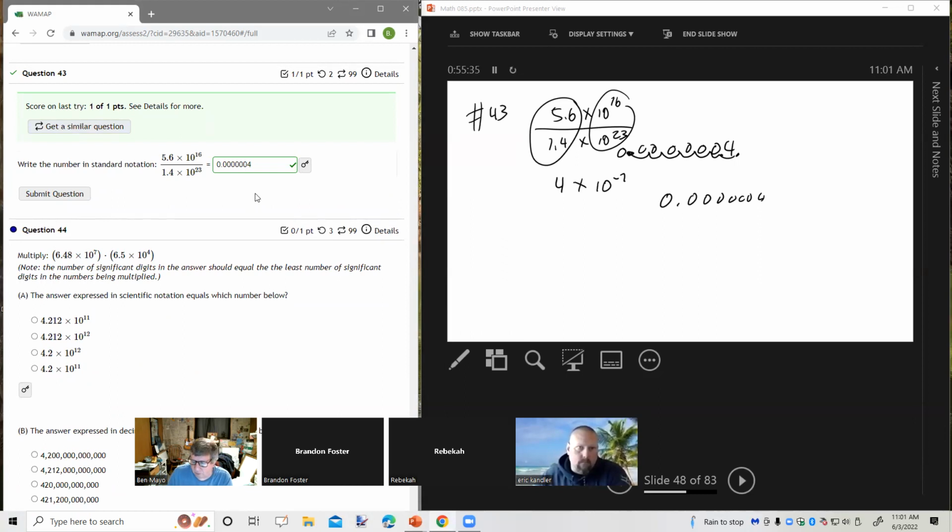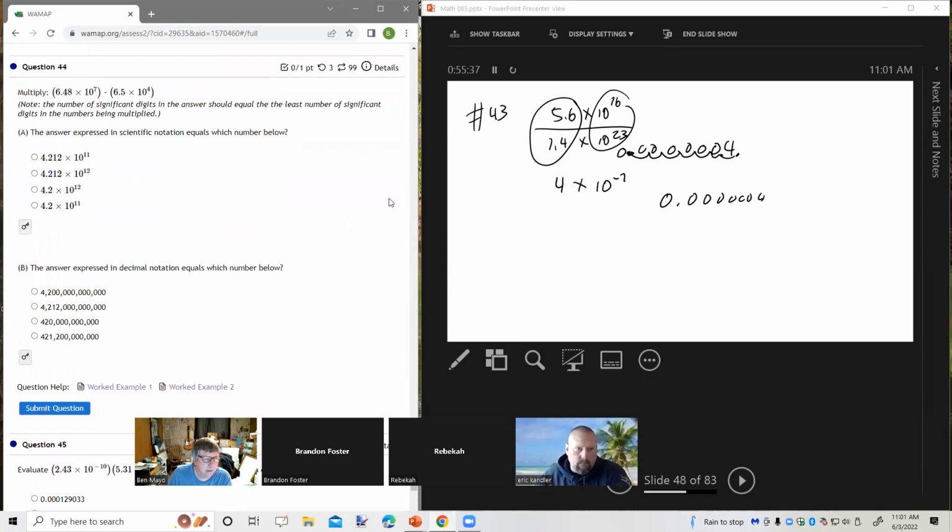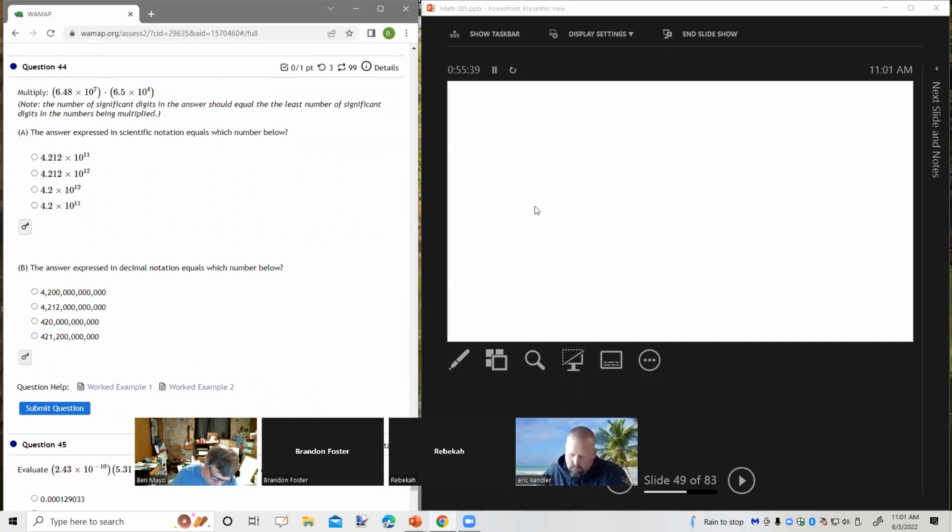Number 44 coming up. Multiply 6.48 times 10 to the 7th times 6.5 times 10 to the 4th. 6.48 times 6.5.